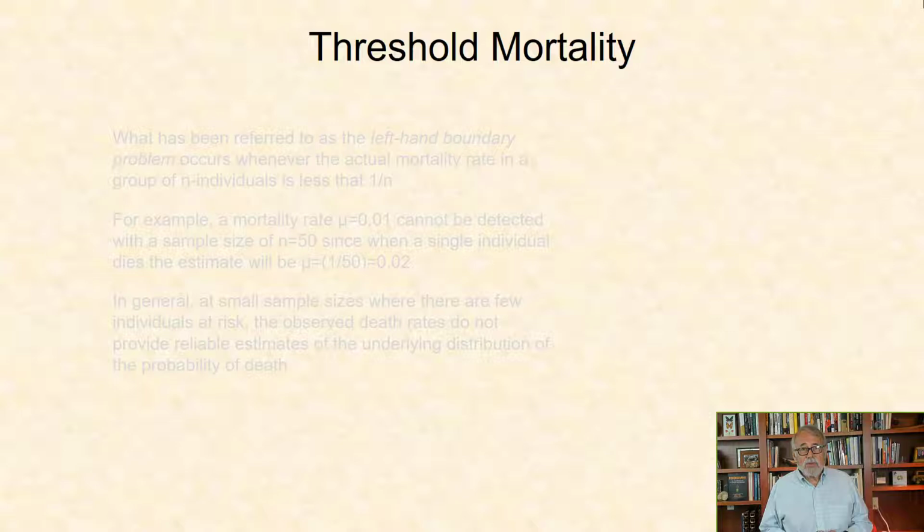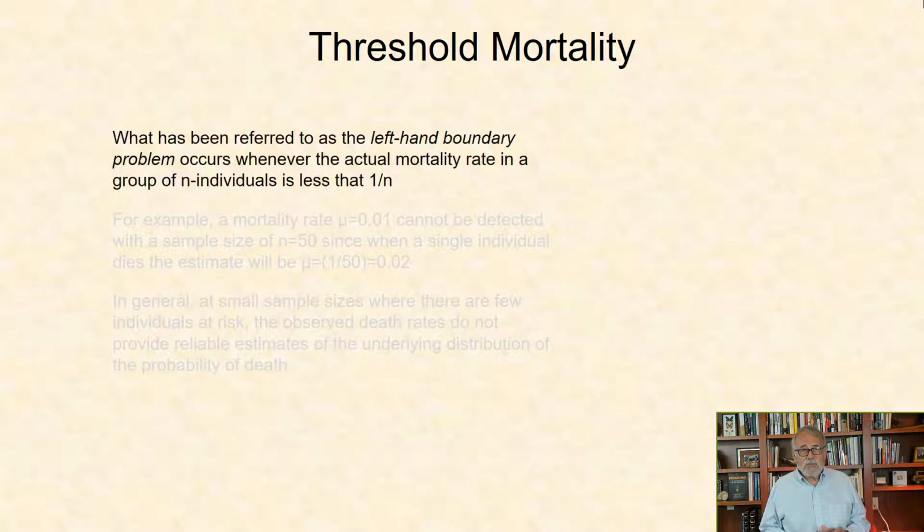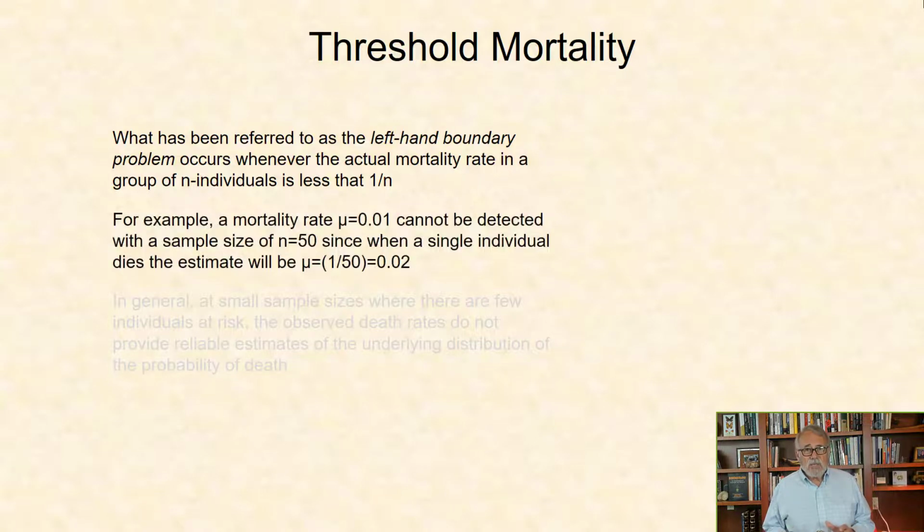Threshold mortality is referred to as the left-hand boundary problem, a problem that occurs whenever the actual mortality rate in a group of individuals is less than 1 over n. For example, a mortality rate of mu equals 0.01 cannot be detected with a sample size of 50 individuals.